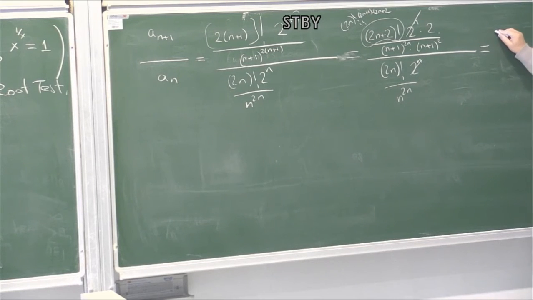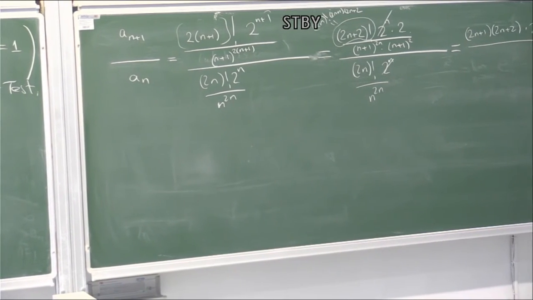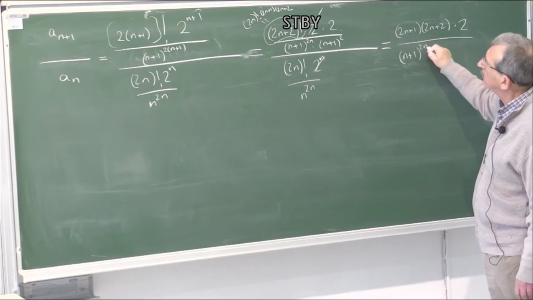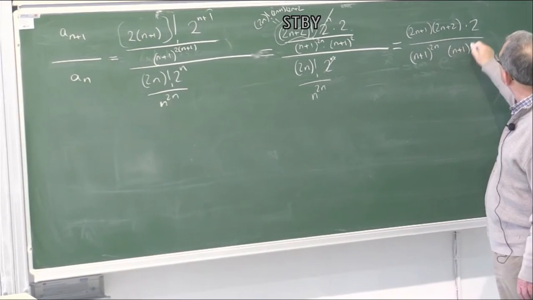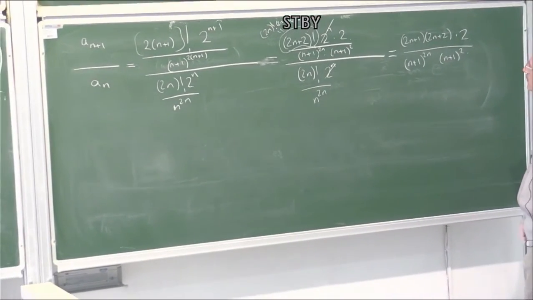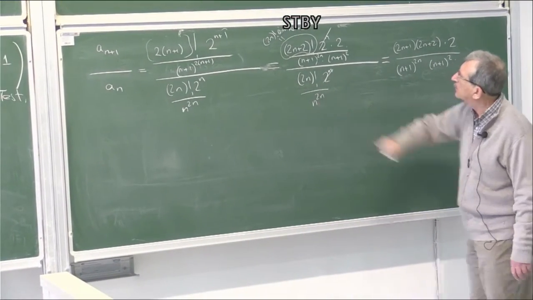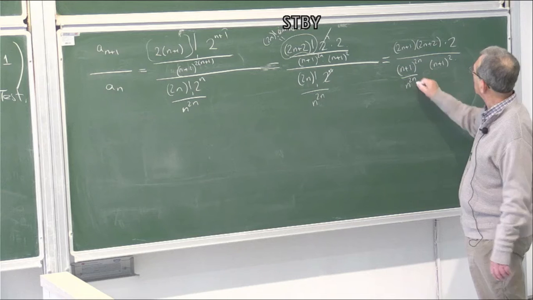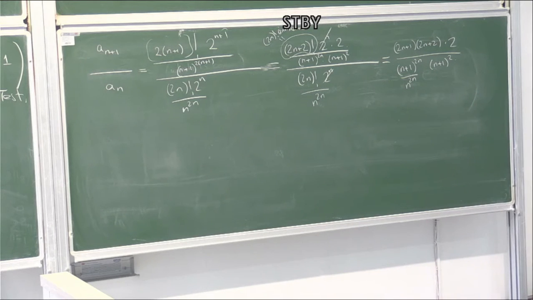In other words, we have here (2n+1) times (2n+2) times 2, divided by (n+1)^(2n) times (n+1)^2, and (2n)! was cancelled out, but we still have this term, n^(2n), over here.